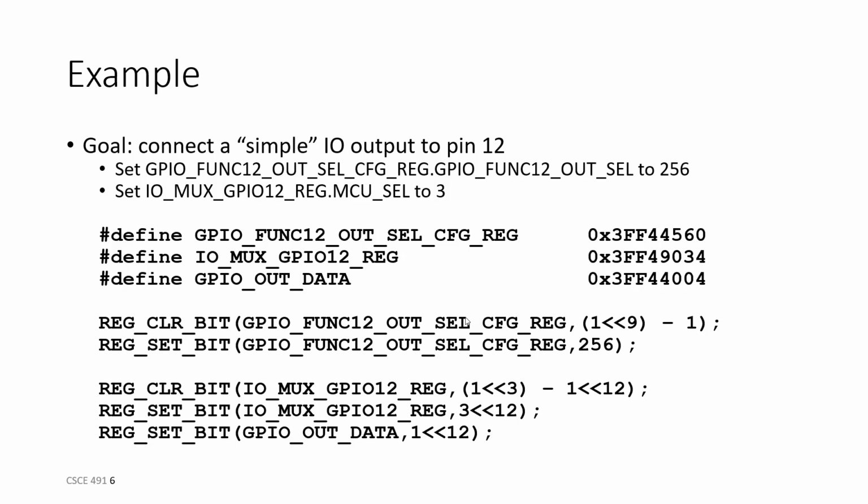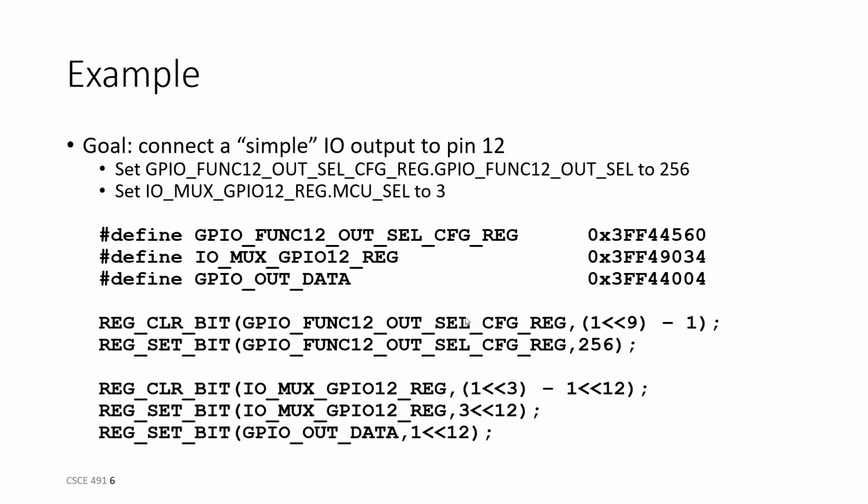And then you can use the reg clear bit, and I don't think we've used these before, have we? No, I mentioned these in class, but we never actually used these. So there is a register clear bit and a register set bit macro. These are provided by Arduino, I believe, or ESP32, somebody. And the idea is that you can just clear specific bits or set specific bits.